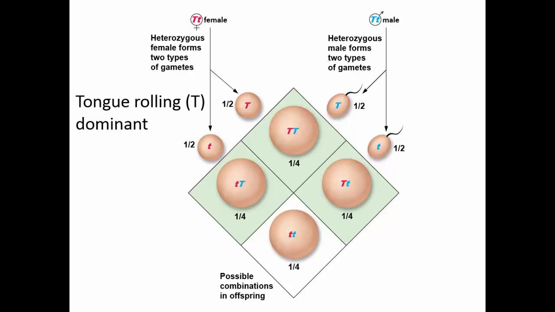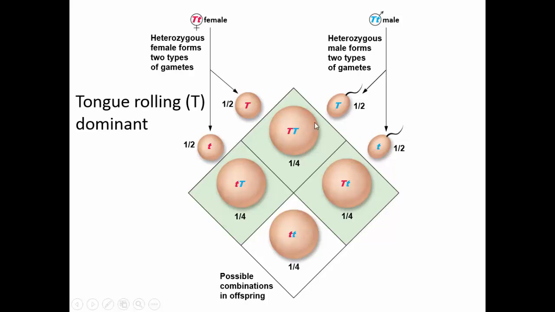So we will look at something called tongue rolling, the ability to roll your tongue. Here we have a female that phenotypically shows the characteristic but is carrying a recessive trait. The male has the same thing, shows the dominant characteristic but is carrying a recessive trait. So phenotypically these are both tongue rollers.